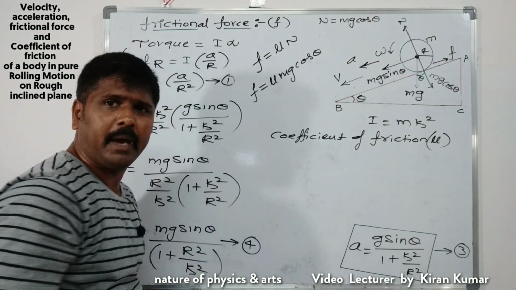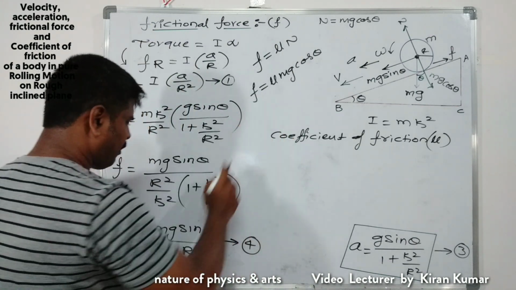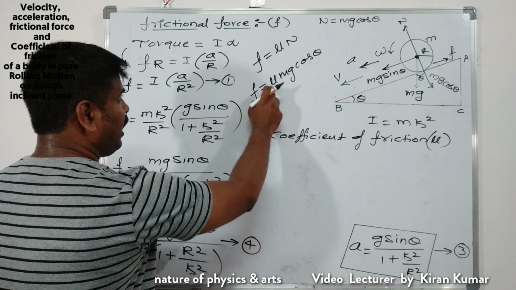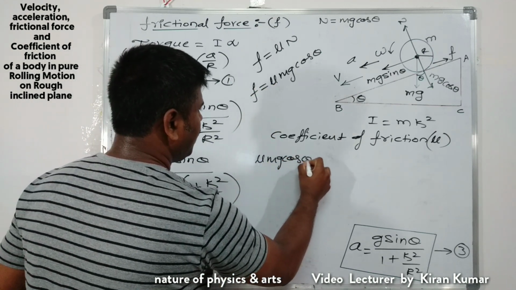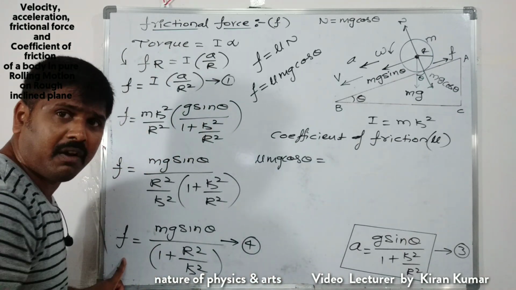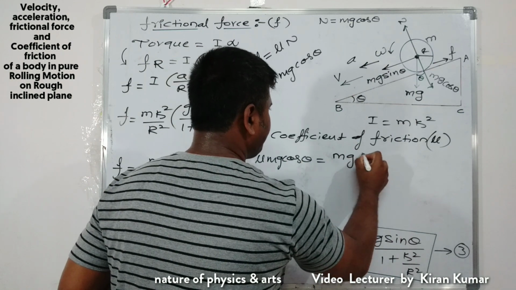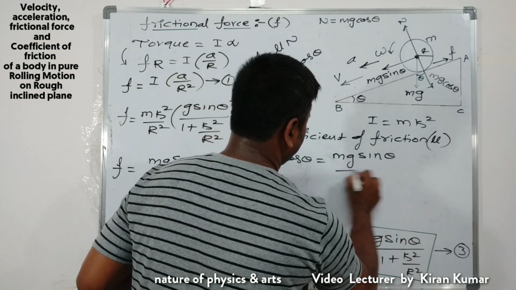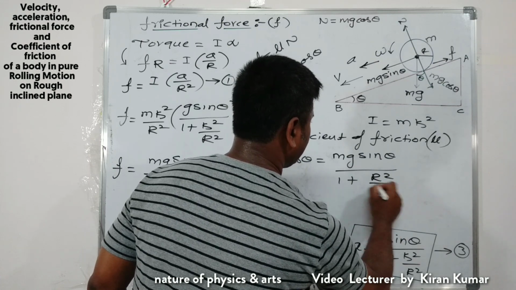Both are equal in magnitude and opposite in direction. So that value is replaced here: mu mg cos theta is equal to the F value, mg sin theta divided by 1 plus r square divided by k square.